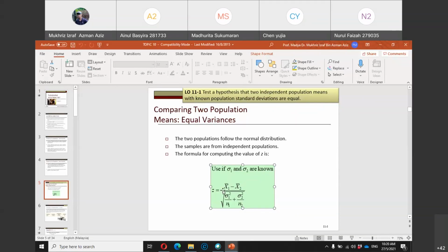If I want to see the difference between group A and group B, X bar 1 minus X bar 2, can it be the same if I put X bar A minus X bar B, or X bar B minus X bar A? Is it correct just to simply choose whichever order of the difference? For that, you need to see how you construct your null and your alternate hypothesis.